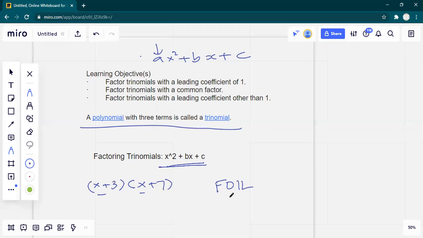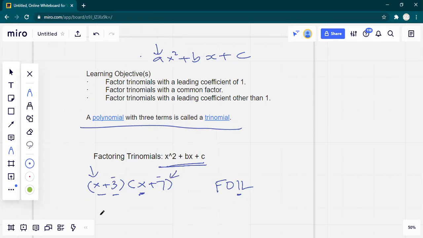If you consider the four terms, the outer terms are the first x and the 7, and multiply these two together. Third, the product of the inner terms. The inner terms are the 3 and the x, multiplied together. And finally, the product of the last terms of the two binomials, which are 3 and 7.